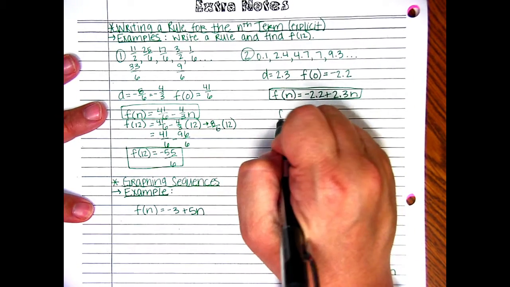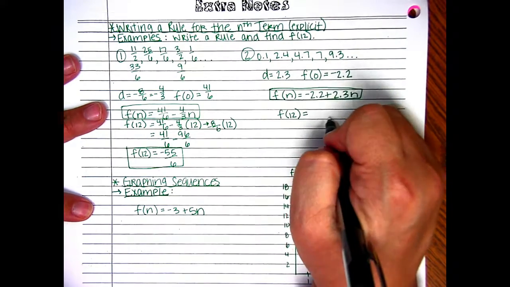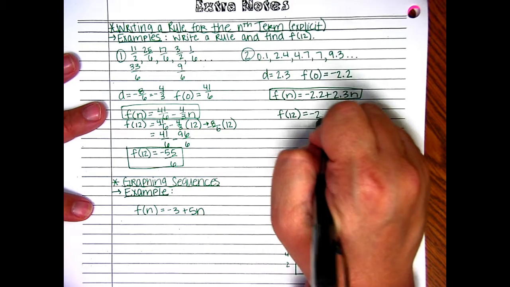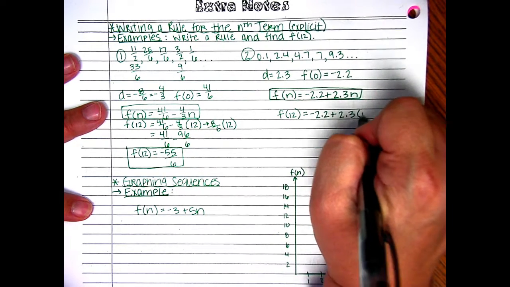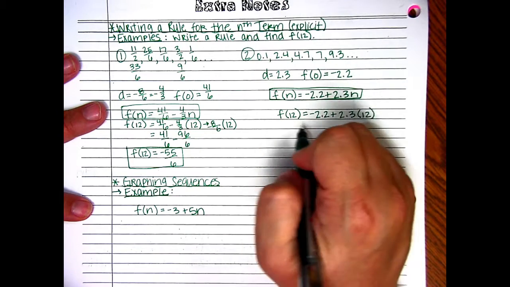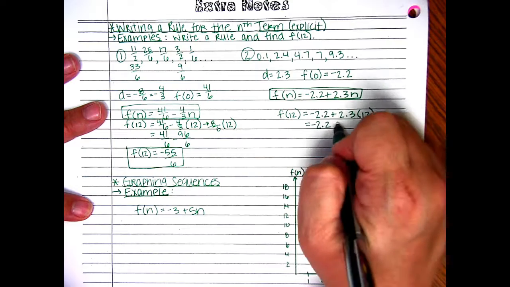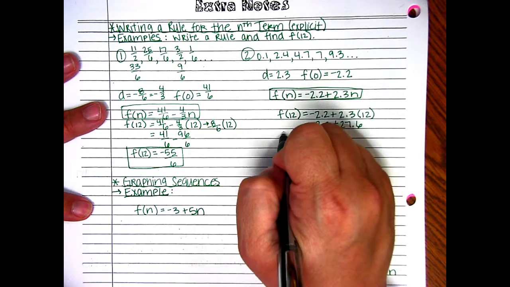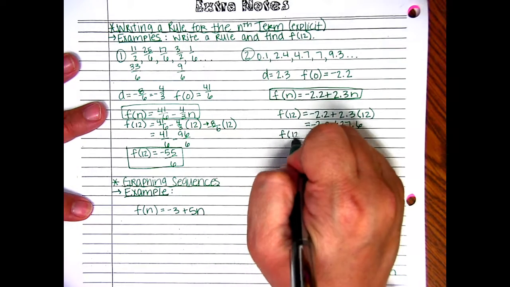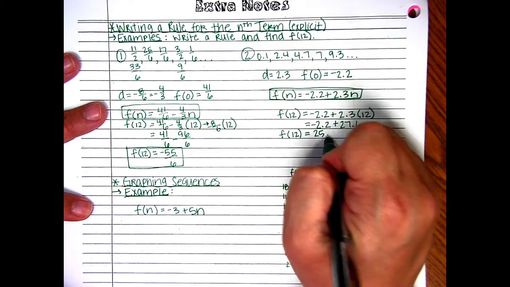Okay, f of 12, you just substitute the 12 in, so you have negative 2.2 plus 2.3 times 12. So negative 2.2 plus 27.6. So f of 12 equals 25.4.